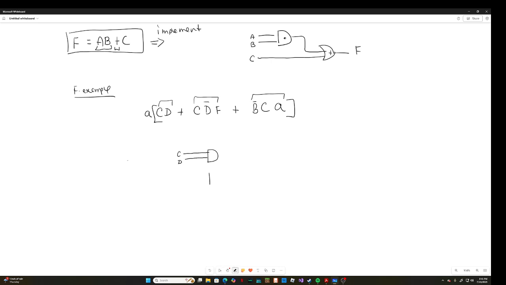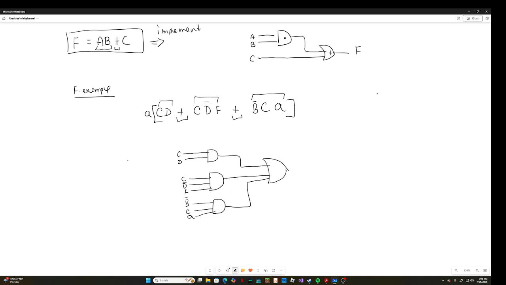The next one is C, D, F. The next one is B, C, A. As you can see, all of them are ORed, so that's an OR gate.